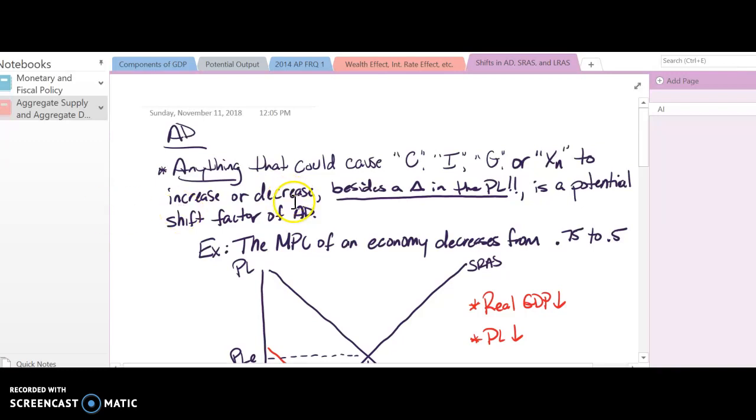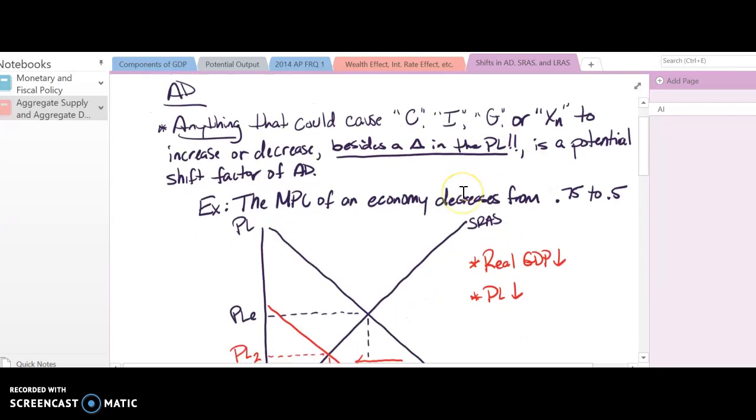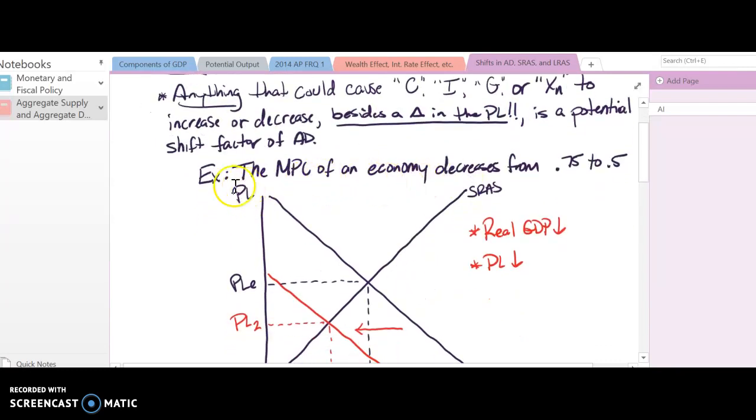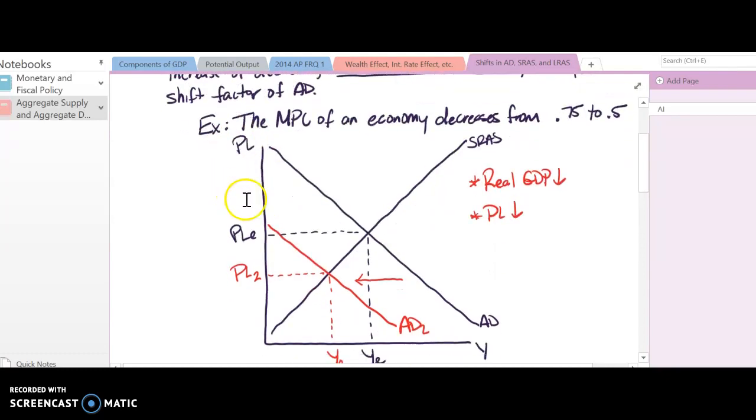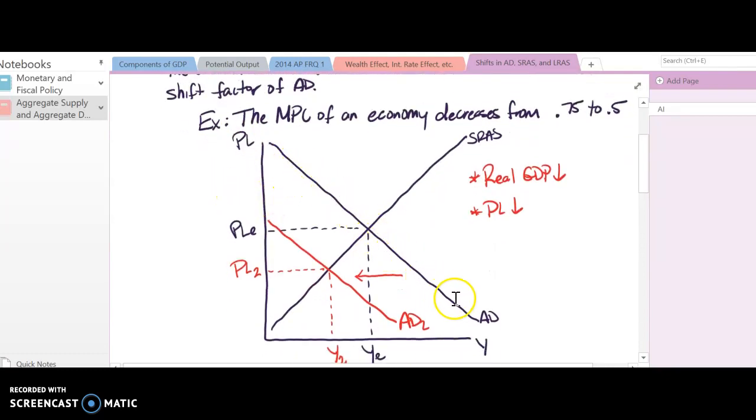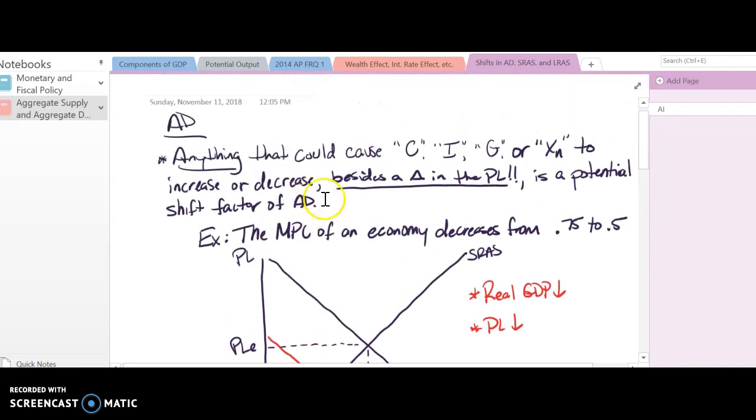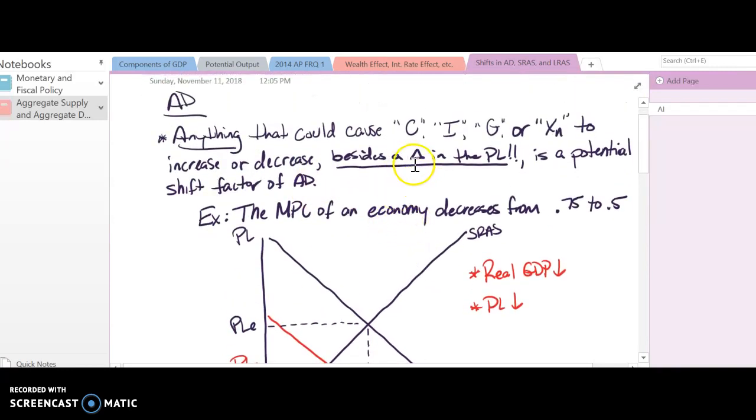What you basically want to know is that if there's anything that could conceivably change consumption, investment, government spending, or net exports, right, increase or decrease either one of those, besides a change in the price level, because as you just saw in the last video, when there's a change in the price level, that's going to be a movement along the aggregate demand curve, like movement from point A to B. But anything else besides a change in the price level is a potential shift factor of aggregate demand if it would affect any of these four components.